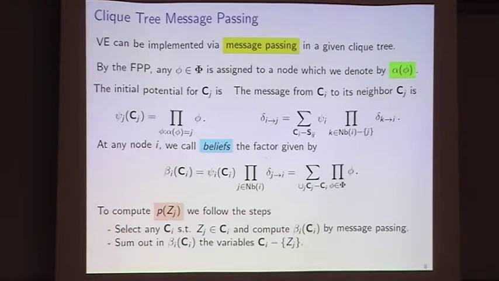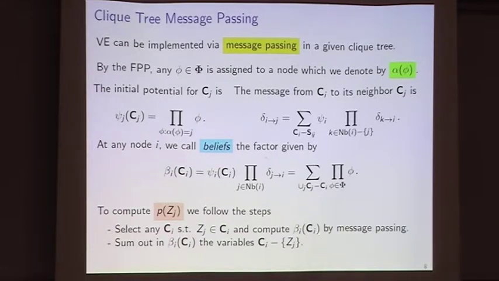This means that to compute the marginals, we only have to do message passing and then compute these beliefs in the nodes of the click tree. Basically, if we want to compute a particular marginal for a random variable set j, we would follow these steps. We select a node in the click tree that contains that variable.